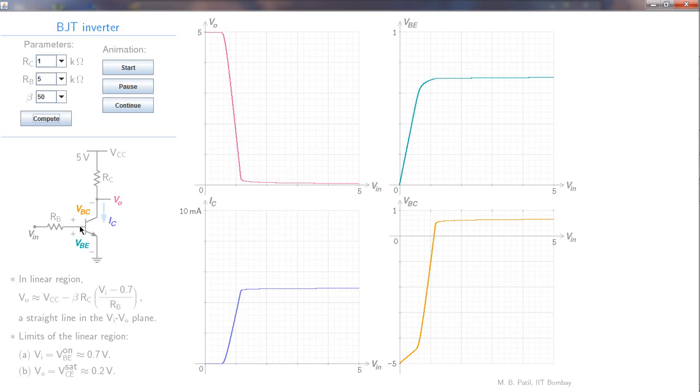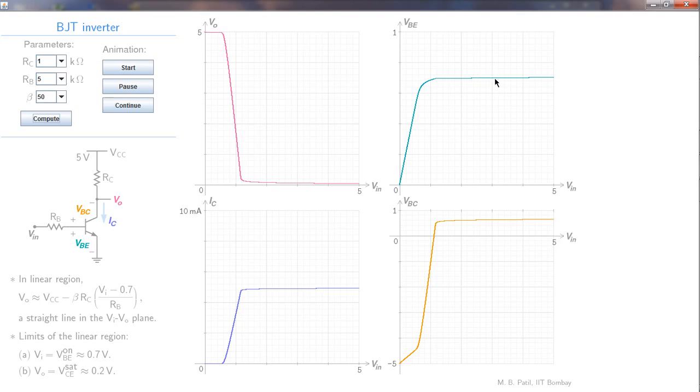The base emitter junction is sufficiently forward biased, so this voltage drop is going to be something like 0.6 to 0.75 volts once the transistor starts conducting. So that is what we see over here. And eventually, when the transistor enters the saturation region, the base emitter junction remains under forward bias, and therefore VBE is still 0.7 or thereabouts.